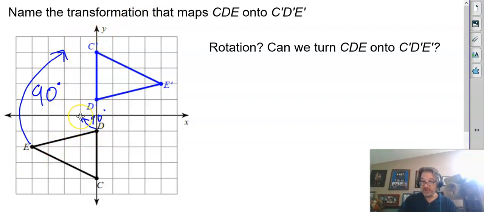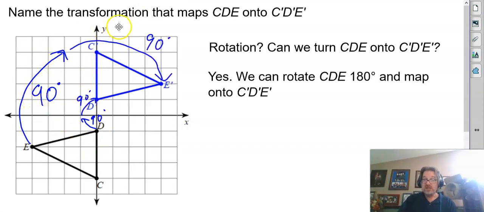I would rotate one line, and I've got to rotate it again. A 90-degree rotation takes it to a different quadrant every time. So I did a 90 and a 90, which is a 180-degree rotation.